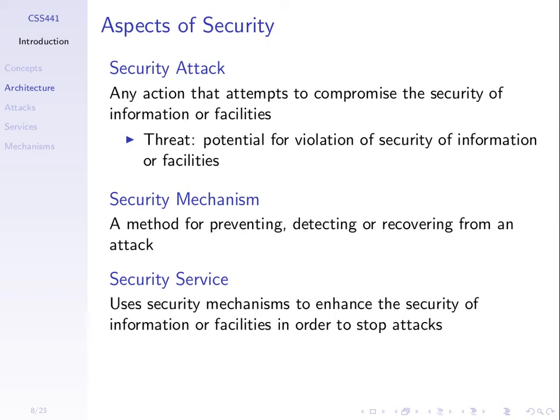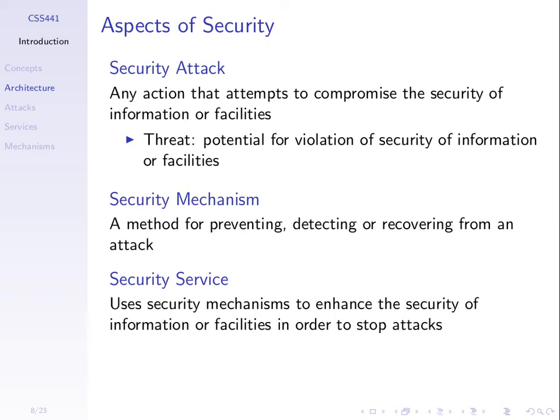A mechanism is something that we'll use to try to prevent, detect or recover from attacks. The best case would be to prevent attacks. I don't want attacks to happen. But sometimes we cannot prevent all attacks. So if we cannot prevent an attack, the next thing we'd like to do is to at least detect that it's happening. If an attack is taking place now and I detect that quickly, then I may be able to recover, take some action to try and stop the attack once it's started.